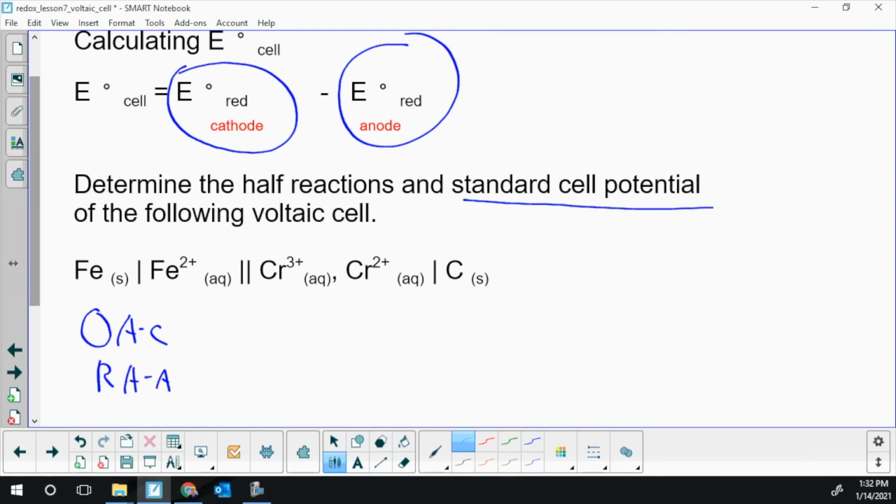So I'm going OA, dash, cathode, because the oxidizing agent, which is going to have the reduction, occurs at the cathode. The RA, which will have the oxidation half reaction, occurs at the anode.